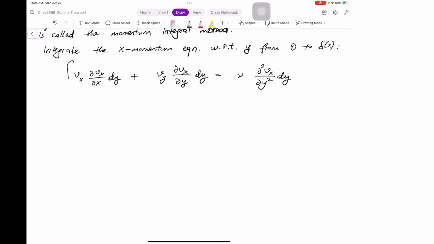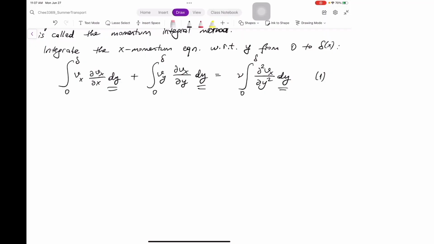And nu is a constant, so I can take nu outside the integral. I integrate from 0 to delta. Let's call this equation 1.